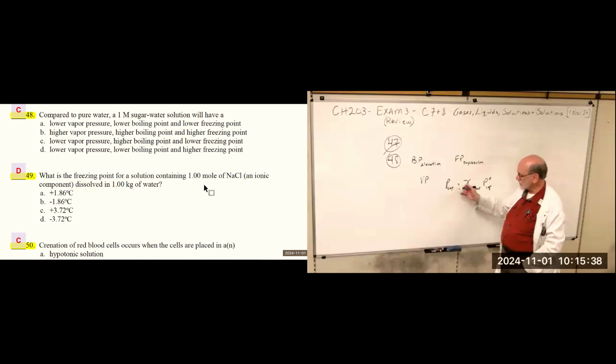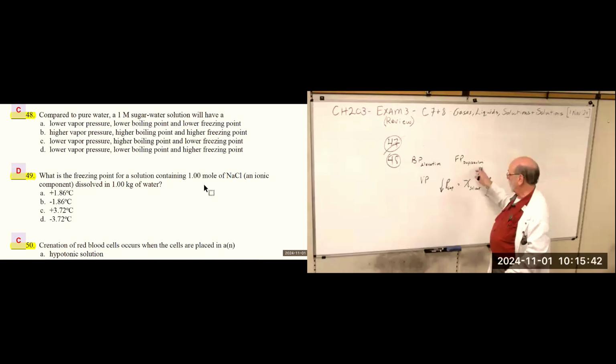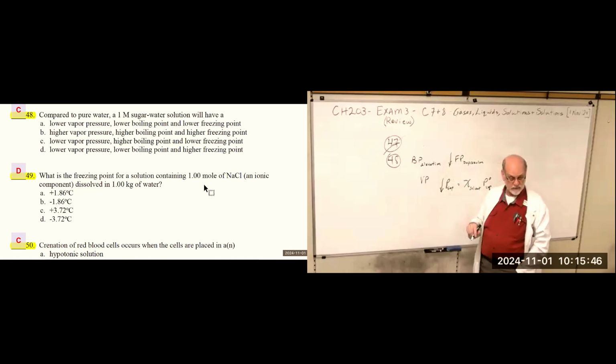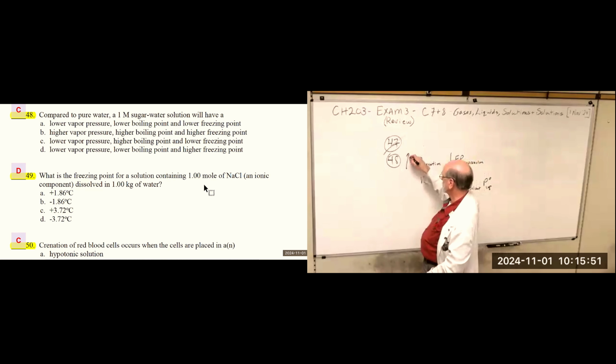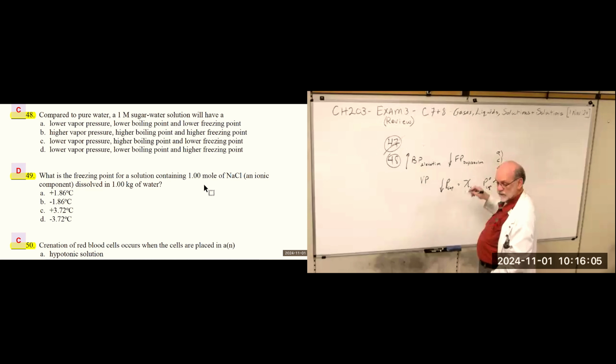That means this value is going to go down. Okay? Freezing point. It should decrease also with an increased solute. And boiling point will go up. So which one? Let's see. Vapor pressure's first. Vapor pressure decreases. So A, C, or D would work. At least for the first one.